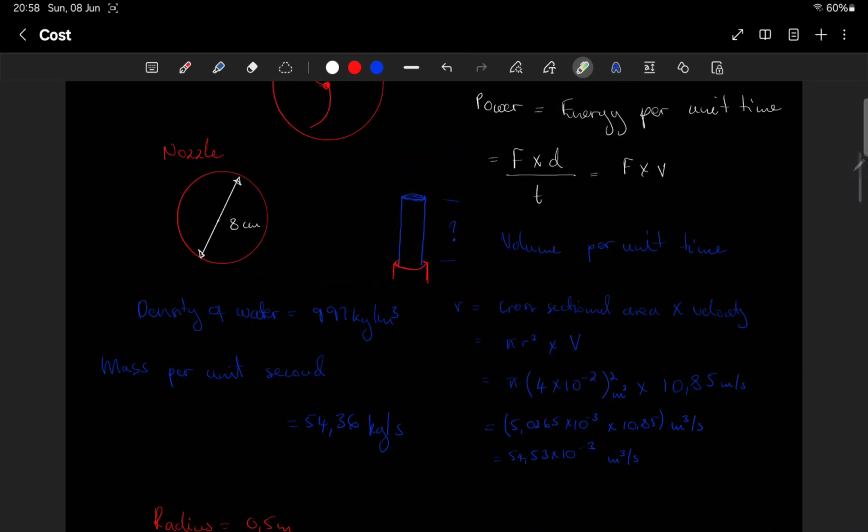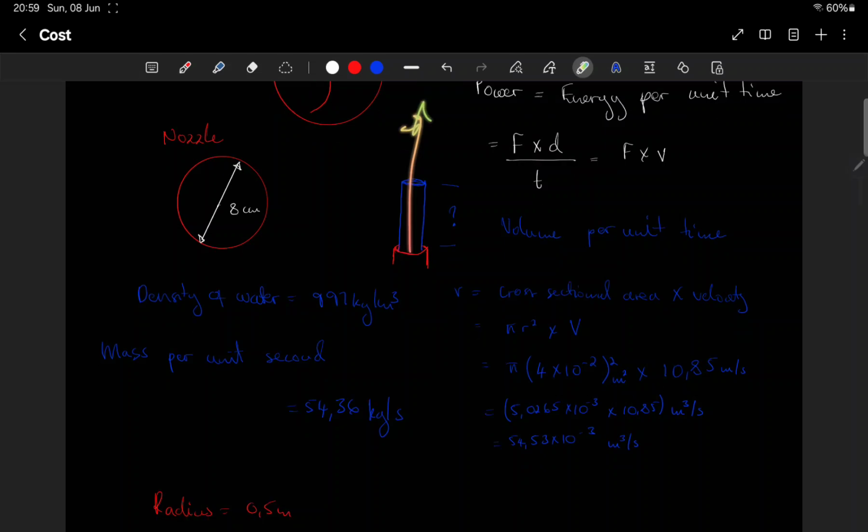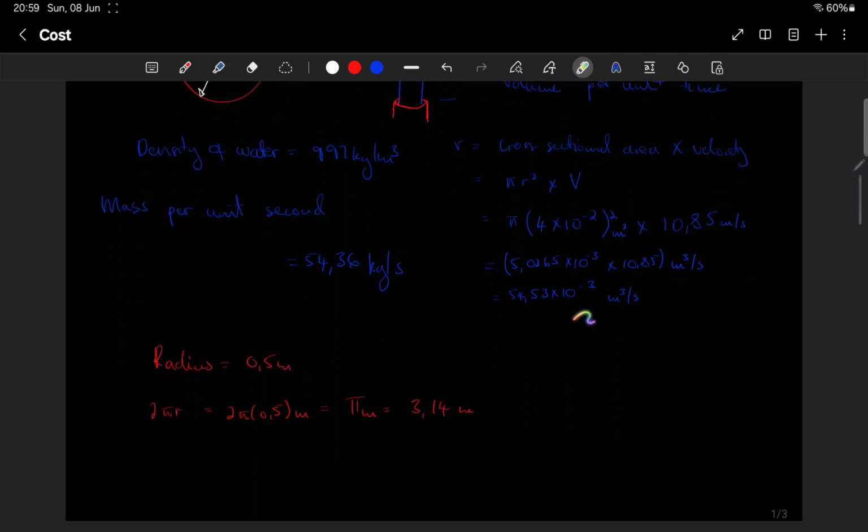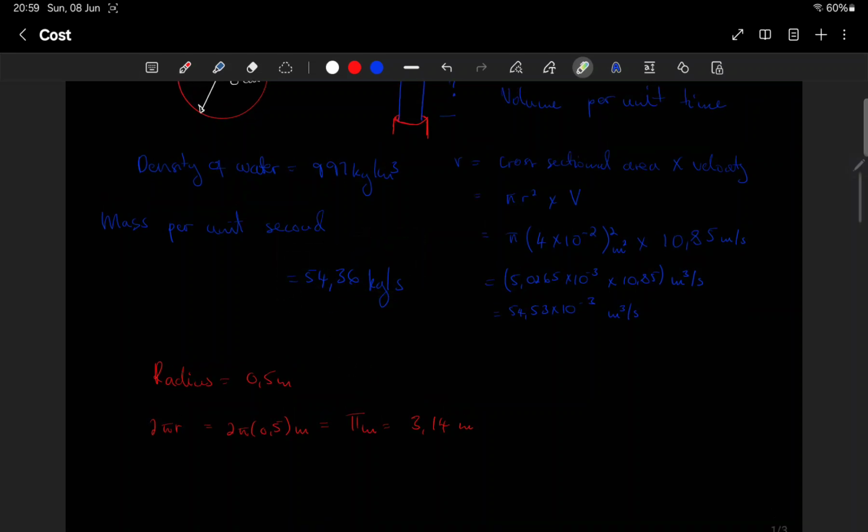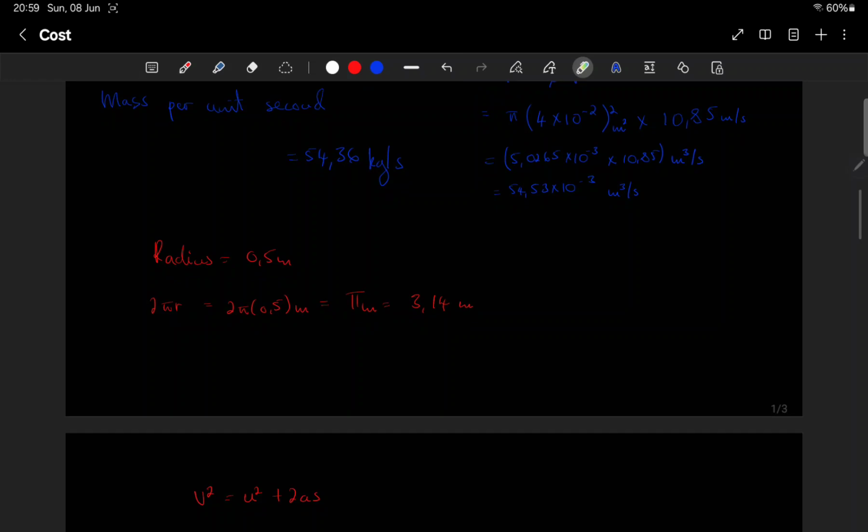Assuming of course laminar flow and that the entire cross-sectional area of the nozzle is being used by the water as it exits. Then using the density of water, calculating the mass per unit second, I get 54.36 kgs per second.